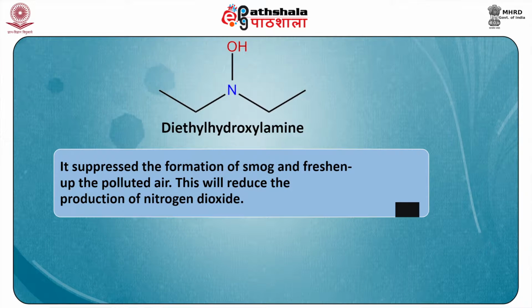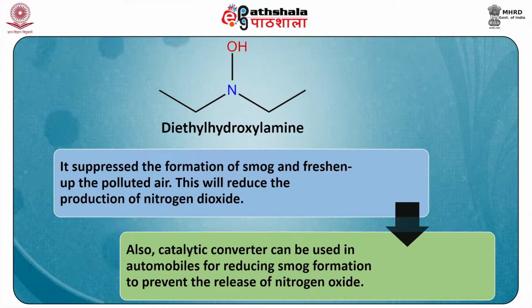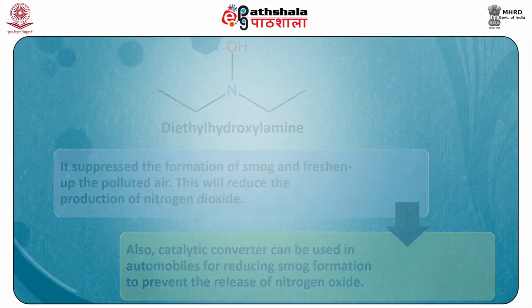It suppresses the formation of smog and freshens up the polluted air. This will reduce the production of nitrogen dioxide. Also, a catalytic converter can be used in automobiles for reducing smog formation to prevent the release of nitrogen oxide.